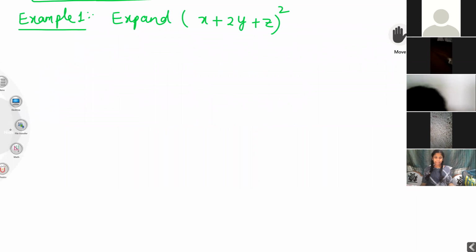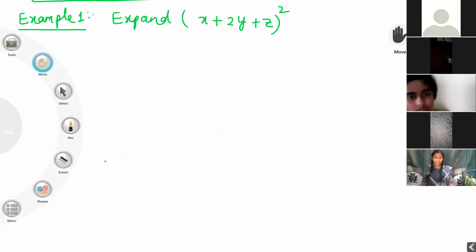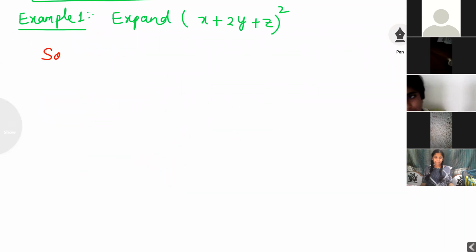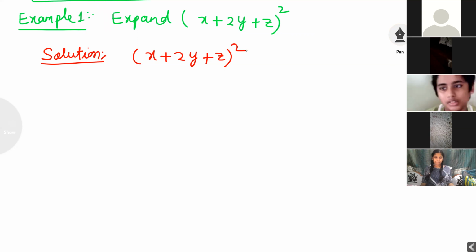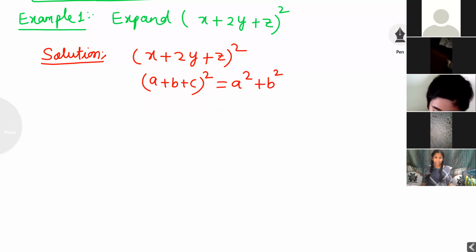Solution. x plus 2y plus z whole square. It is looking like a plus b plus c whole square is equal to a square plus b square plus c square plus 2ab plus 2bc plus 2ca.